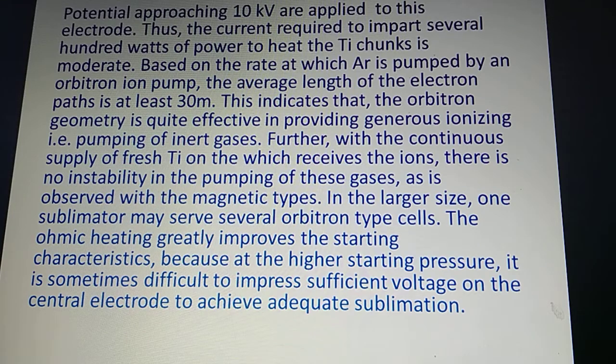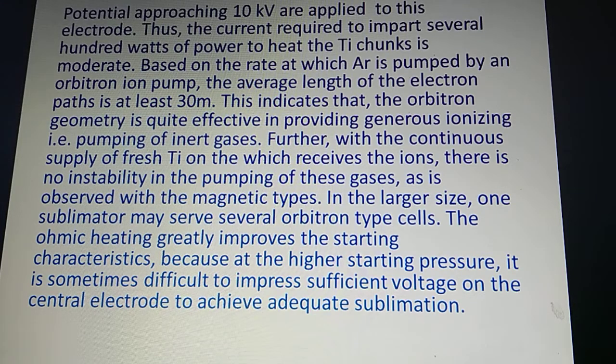This indicates that the Arbitron geometry is quite effective in providing generous ionization, that is, pumping up the inert gases. Further, with the continuous supply of fresh titanium on which it receives the ions, there is no instability in the pumping of these gases.